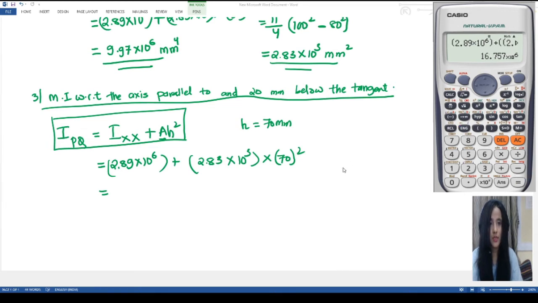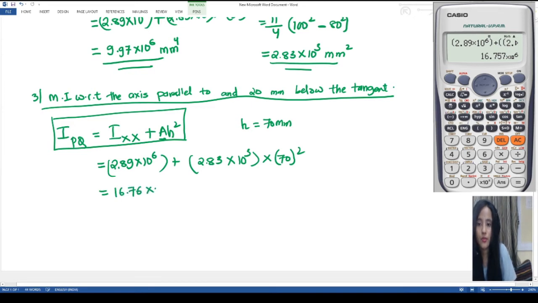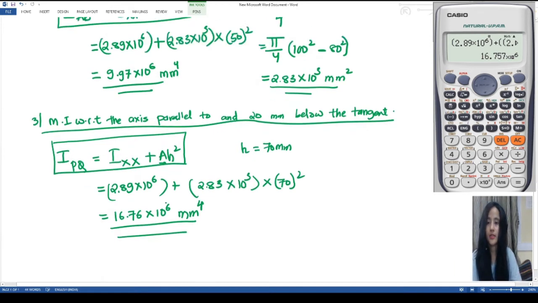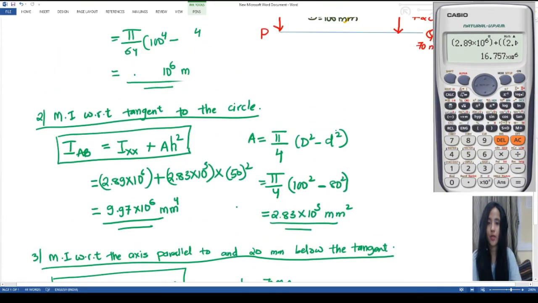So this is coming 16.76 into 10 raised to power 6 mm raised to power 4. So this is the moment of inertia about the axis parallel to and 20 mm below the tangent. I hope this numerical is clear.